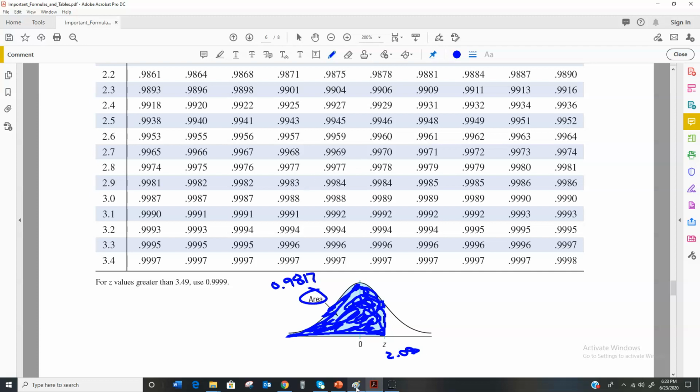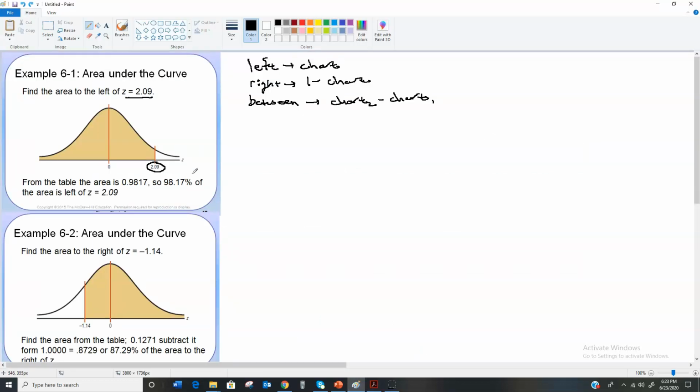So our answer is 0.9817. You can say 98.17%, but in Connect Math it always has you put it as this decimal. Okay, so let's try another one.